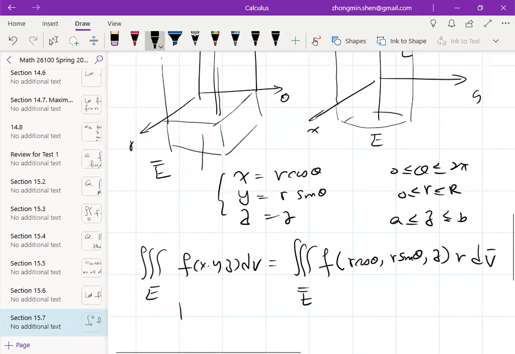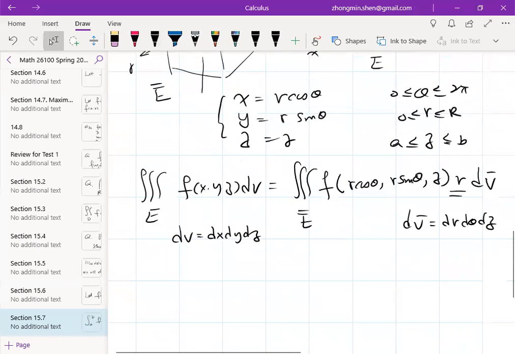So here dV is essentially dx dy dz, and dV bar is going to be dr d theta dz. So this is coming from the determinant of the matrix. It's easy to compute. You can check that.